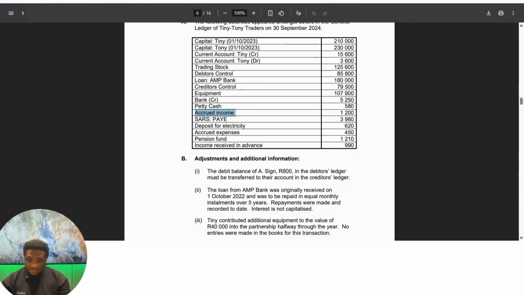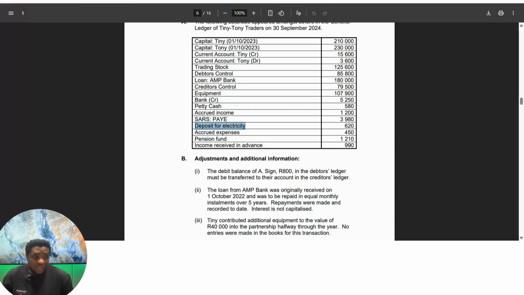But what we do have is a deposit for electricity. Now, a deposit basically works like this: you pay a deposit because you haven't yet gotten what you are requesting. So the business in this case would have paid money as a deposit so that something can happen. It's not common with electricity, but it's common when, let's say, you want to design your matric dress, or your matric suit if you're a guy.